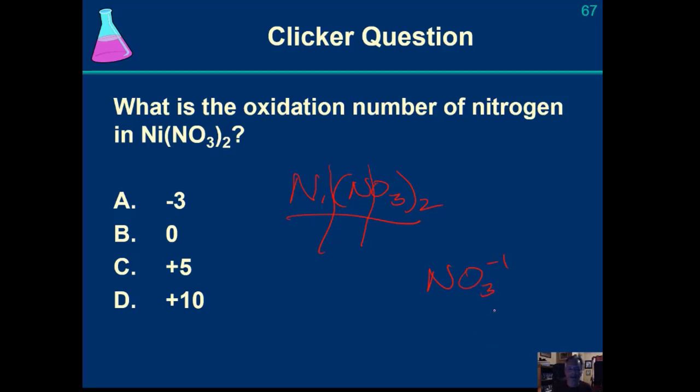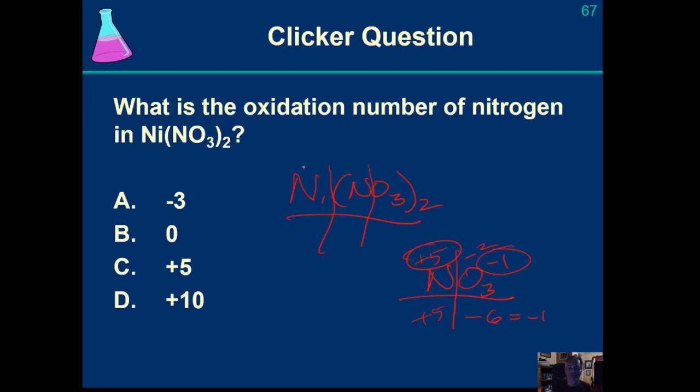Okay, so we could simply, oxygen is the more electronegative, 3 times a -2 is -6. Just remember, this has to add up to the -1 on the nitrate, so that's got to be +5.